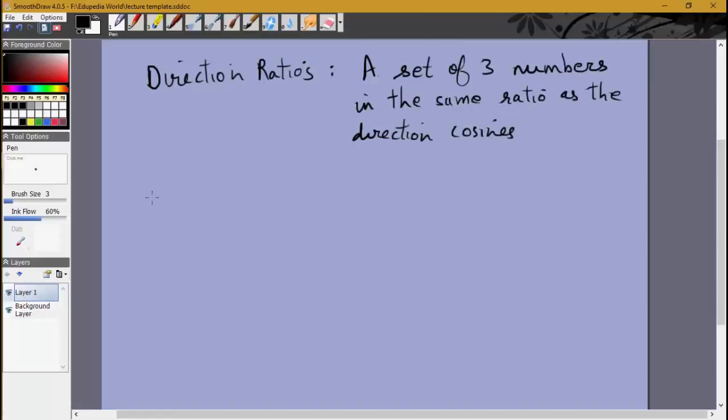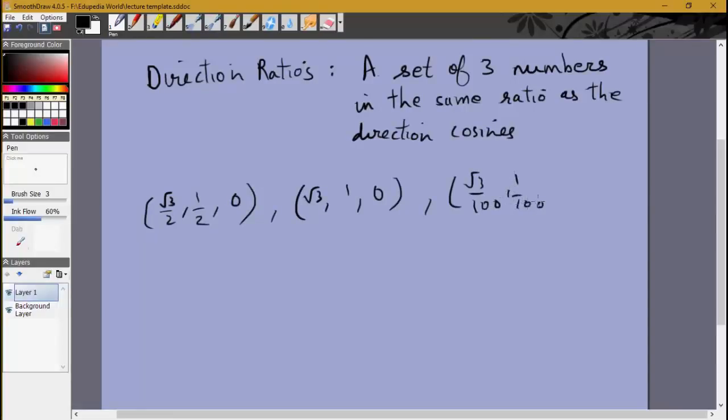So the first line we looked at had the direction cosines root 3 by 2, 1 by 2 and 0. So it would also have this direction ratio. Another set of direction ratios could be root 3, 1 and 0. Another could be root 3 by 100, 1 by 100 and 0. Or 5 root 3, 5, 0.